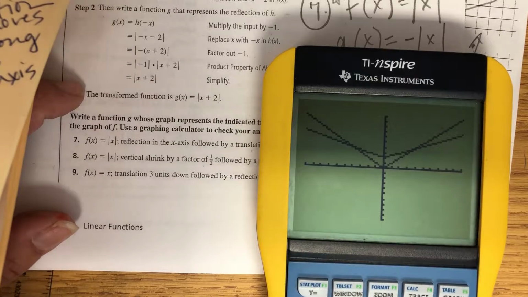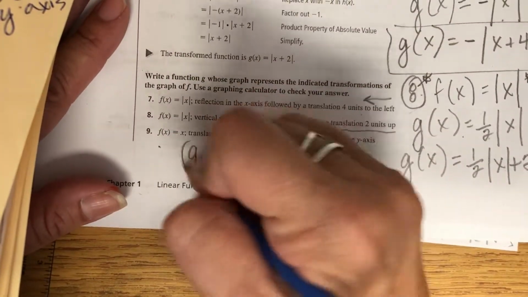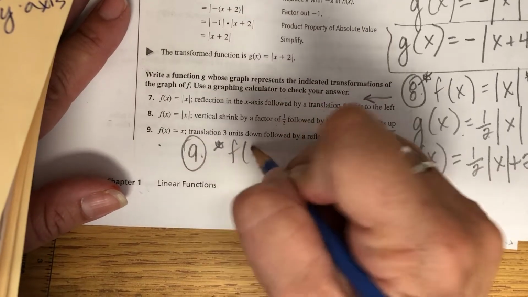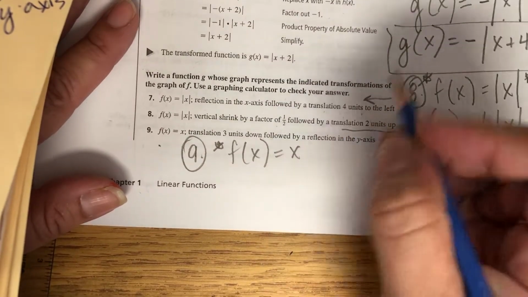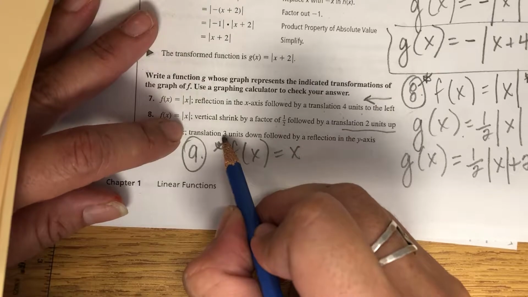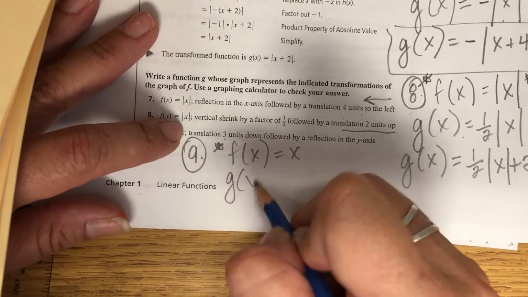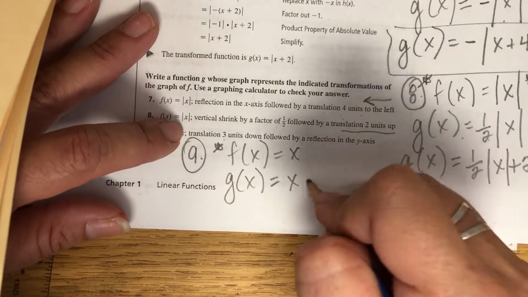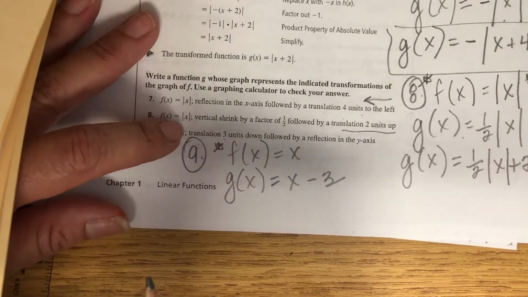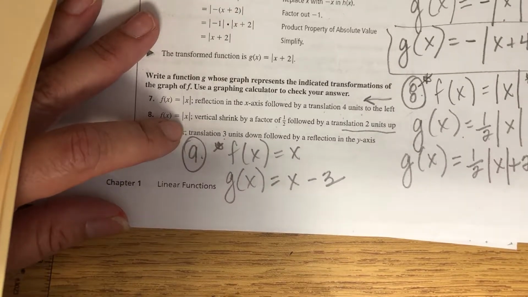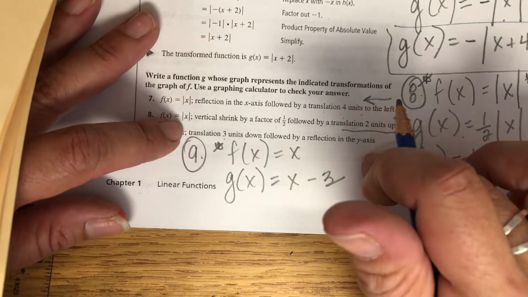All right, last but not least, I am starting with a linear transformation. So number 9, my beginning is f of x equals x. And a translation 3 units down means that it's got to be x minus 3. Nothing in parentheses here. And then it says followed by a reflection in the y-axis.